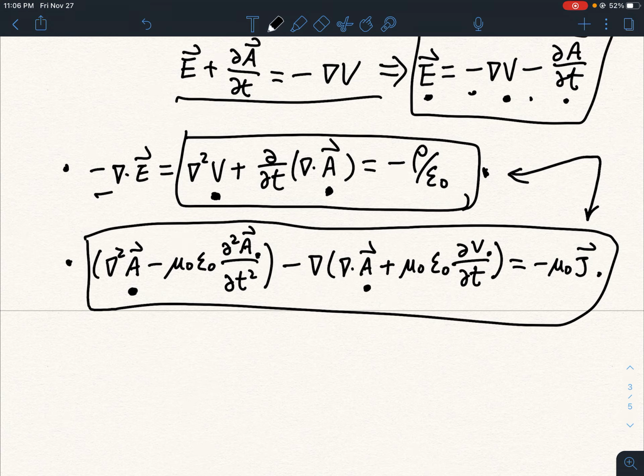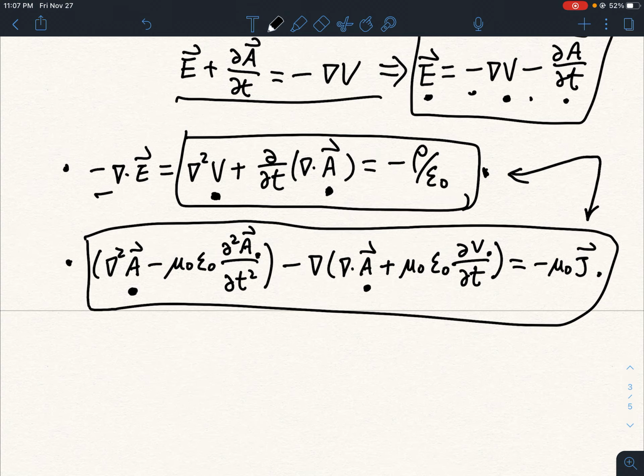But you can see from the problems here that these equations become even more complicated. So then we need to simplify this. This is the so-called gauge transformations.